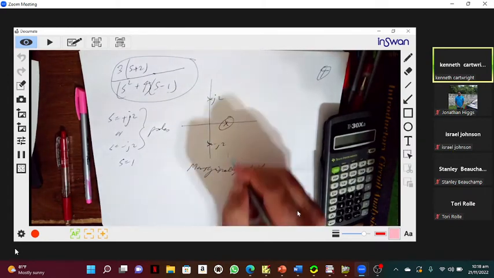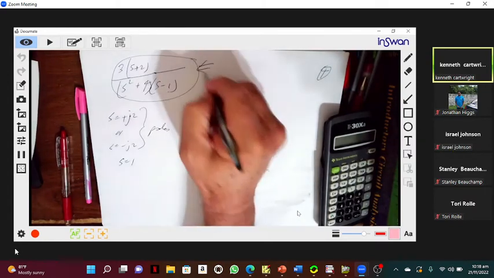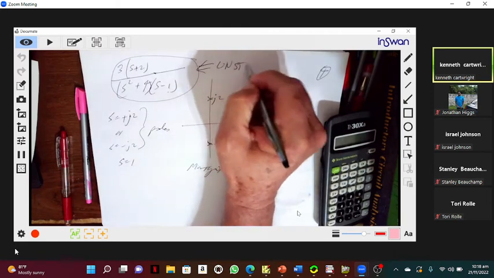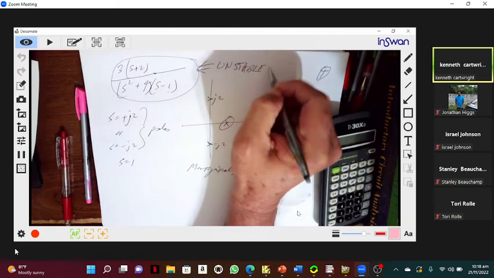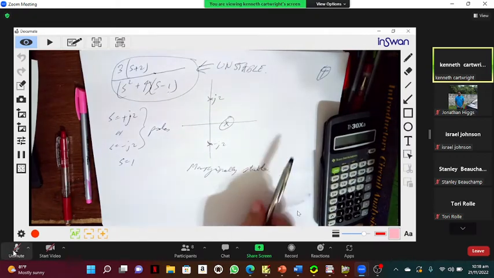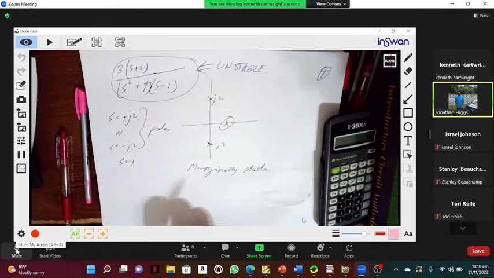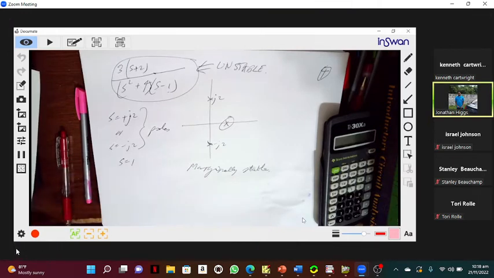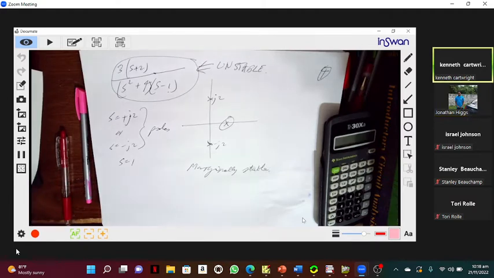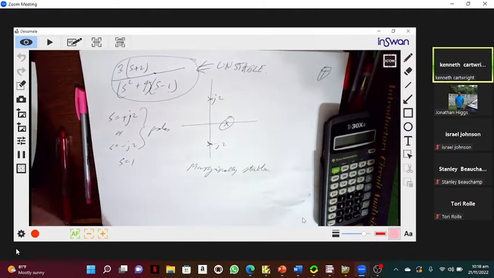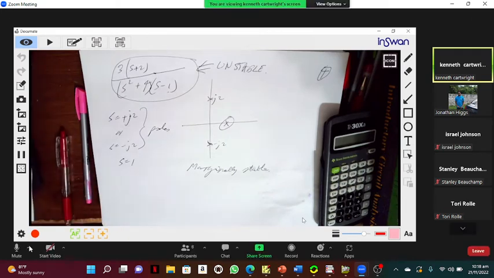Unstable system. That's what I said. If there is one pole on the right-hand plane, then the system is unstable. I mean, what time do you want me to say it?